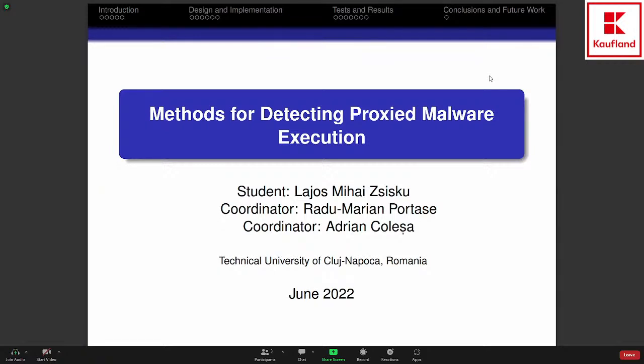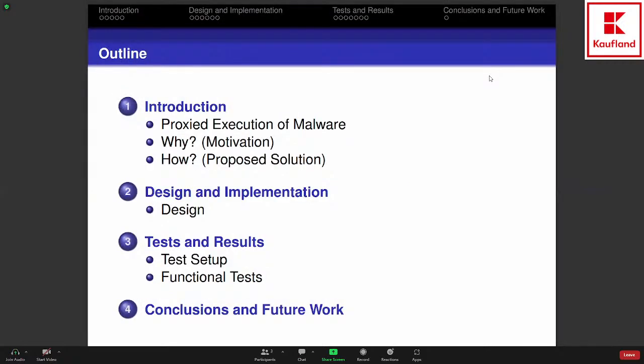I'm going to talk about methods of detecting proxy malware execution. I'm going to go through the outline quickly. I'm going to talk about proxy execution of malware and define it.